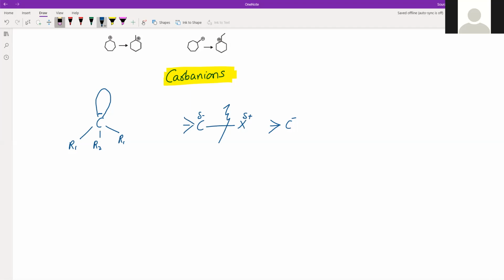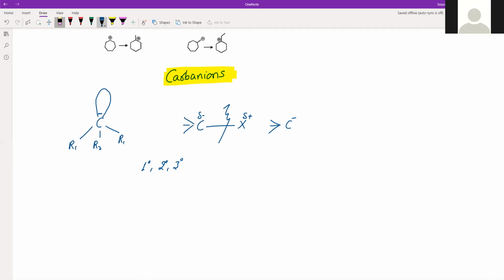Now, similar to carbocations, carbanions may also be primary, secondary, or tertiary. Just like carbocation, again here you have possibilities of getting 1 degree, 2 degree, and 3 degree carbanions, depending on the nature of carbon, right?